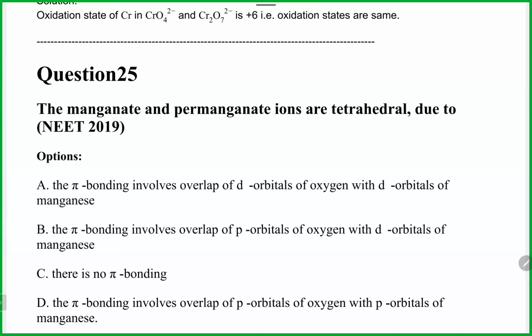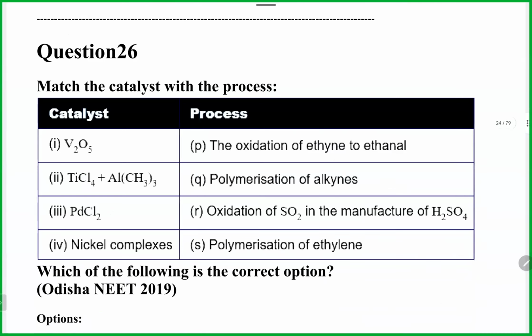Why? Because just imagine we have manganese and oxygen. Manganese has its electrons in d orbital and oxygen has its electrons in p orbital. That's all. Correct. And there is a double bond also. That's why pi bonding is involved. So NEET is not asking either no question or too easy a question.